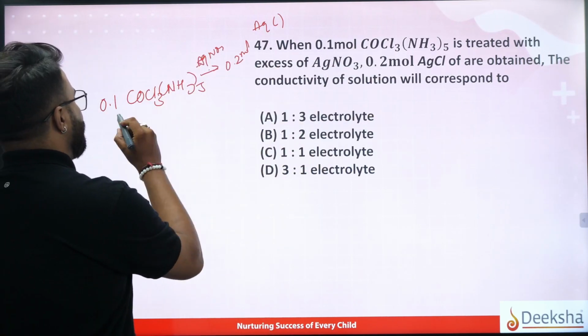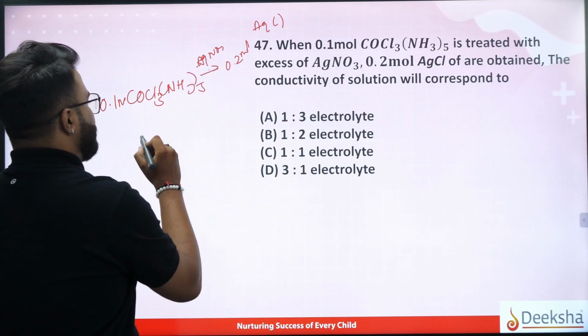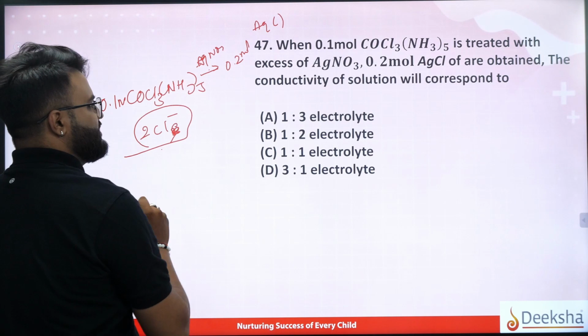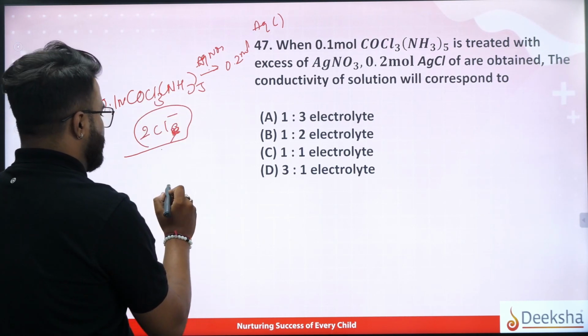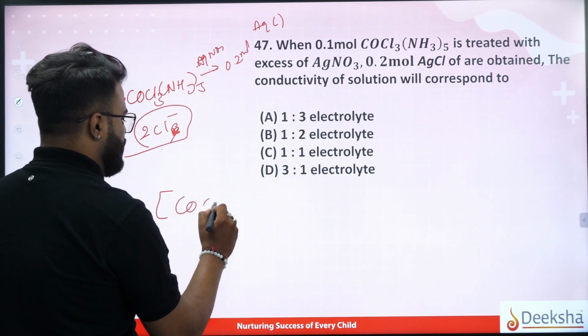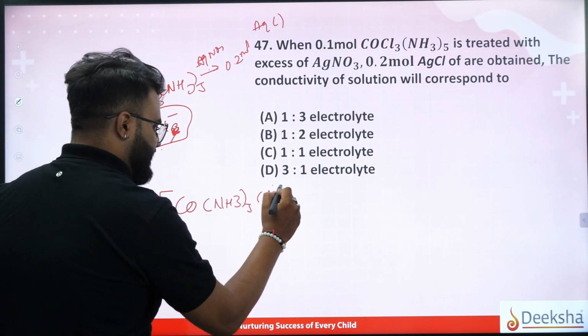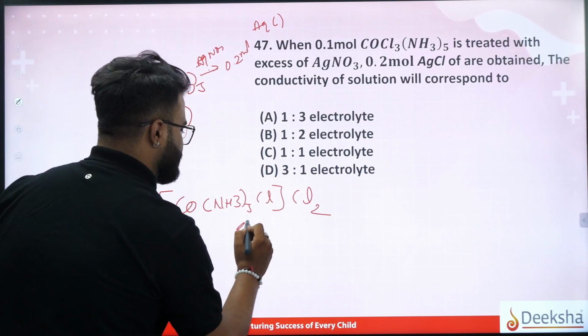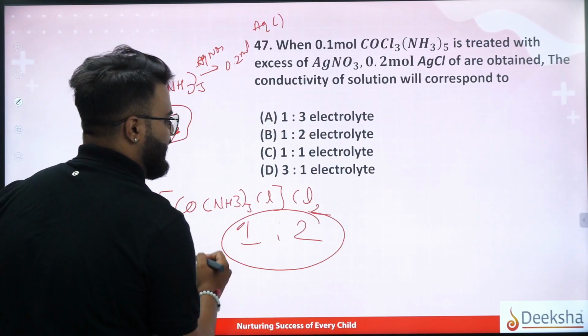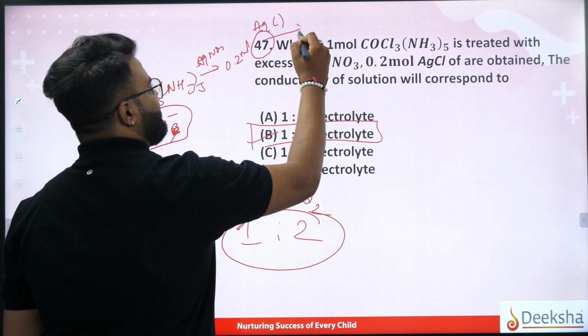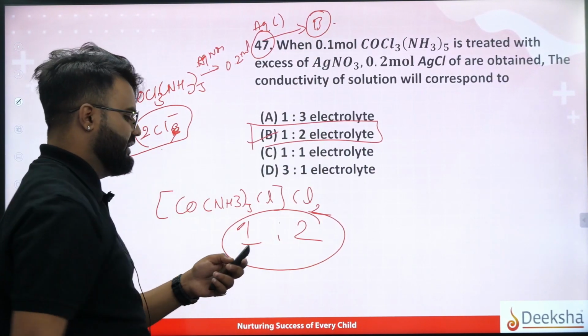Simple. For 0.1 molar, it is giving 2 chloride ions given out. Then the complex will be [Co(NH3)5Cl]Cl2, that is a 1:2 electrolyte, that is option B will be your correct answer. Question number 47, yes, option B will be your correct answer.